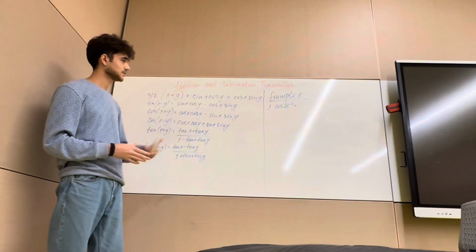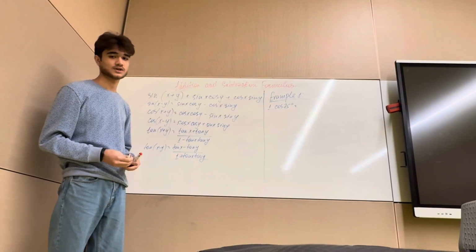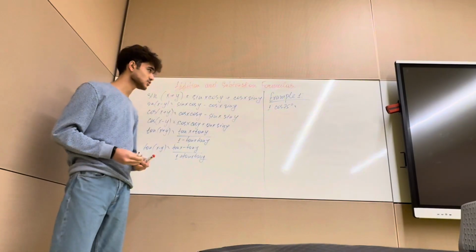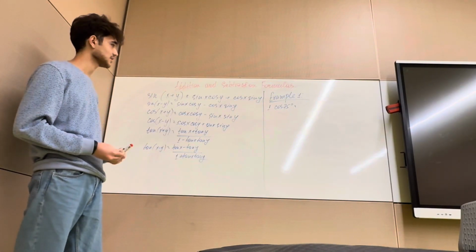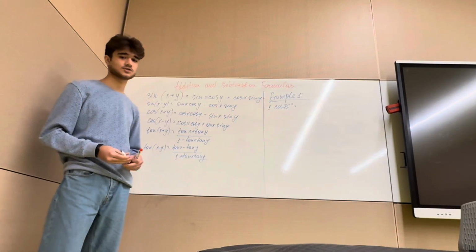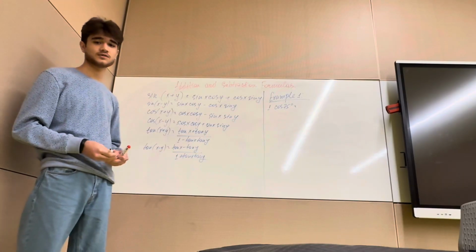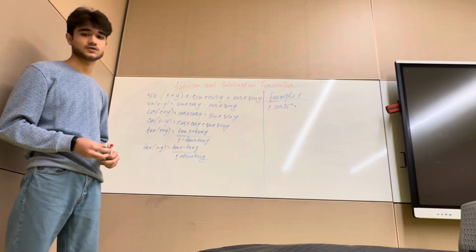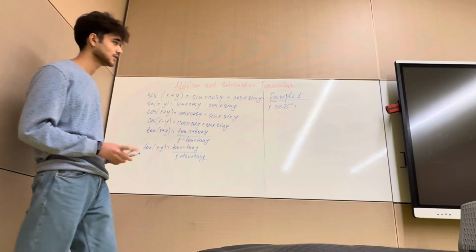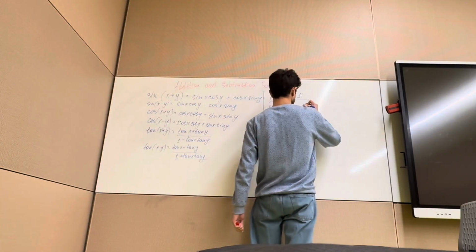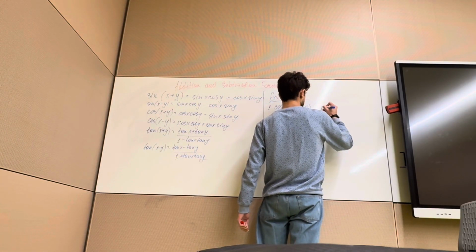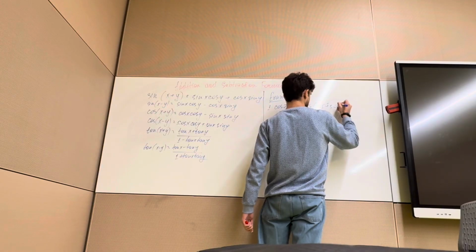As you see, in this example we have to find cosine 75 degrees. As you all know, cosine 75 degrees can be written using the addition formula of the cosine, where we divide 75 into 45 and 30, so it's easier to write cosine of 45 plus 30 degrees.